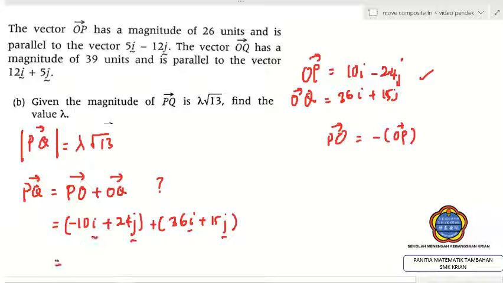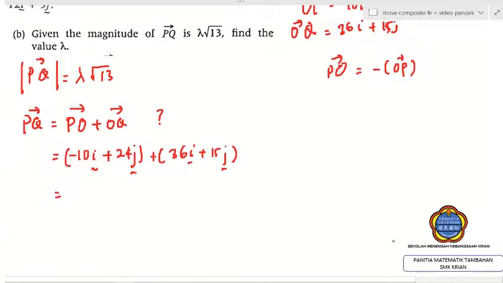Right, and then just solve i together with i and j with j. Negative 10 plus 36 is 26i, 24j plus 15j is positive 39j. Okay, here is the vector of PQ.